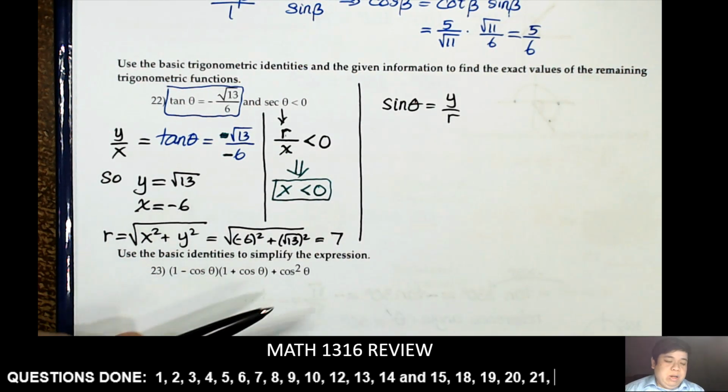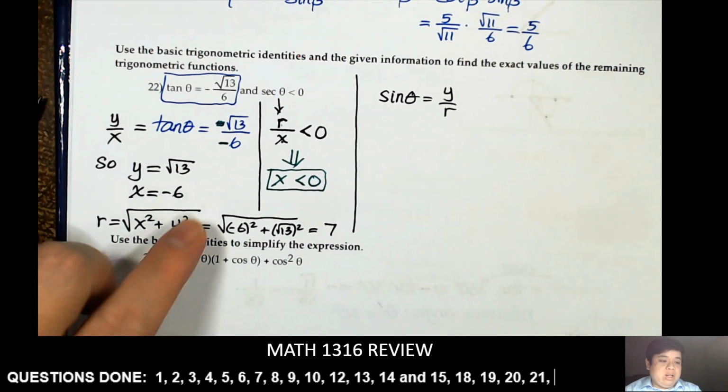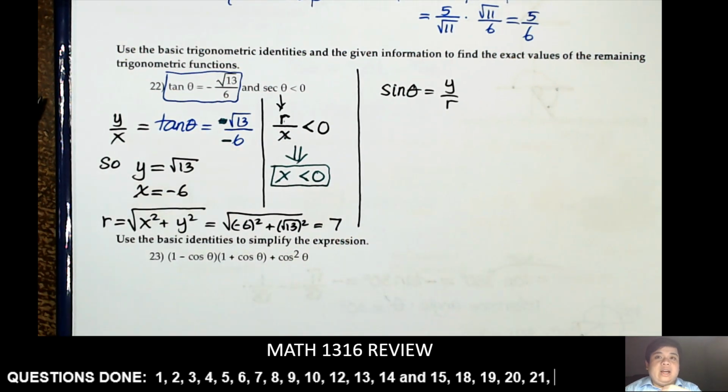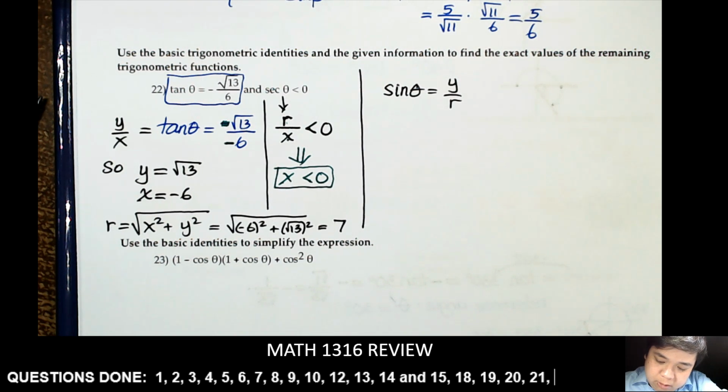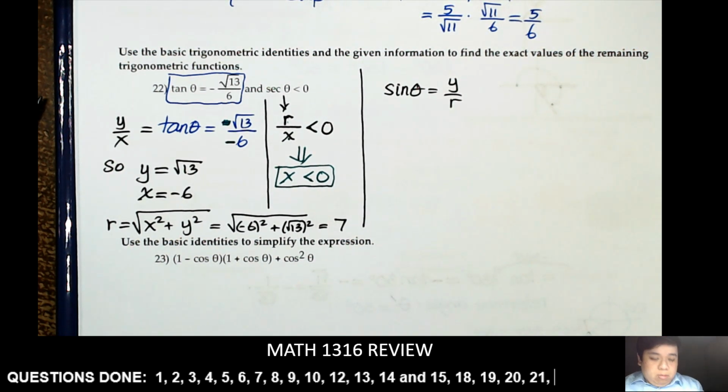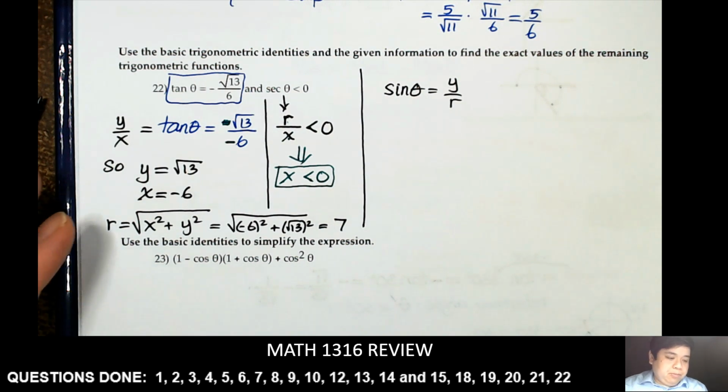So we choose x to be negative, and we deduce the rest. Right, so that is 22.